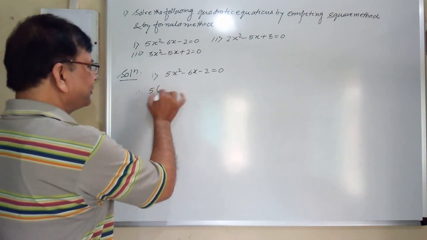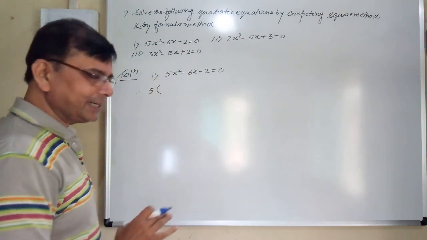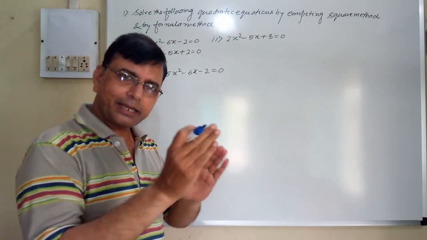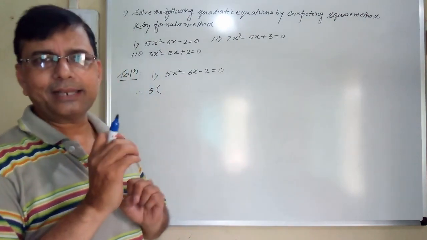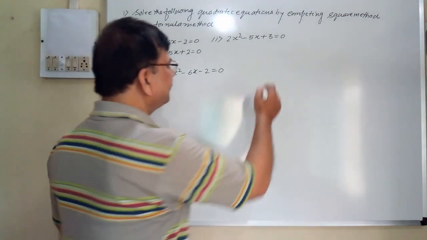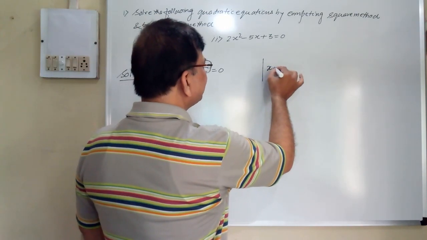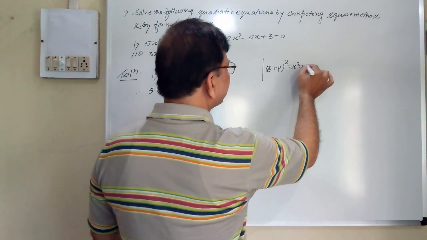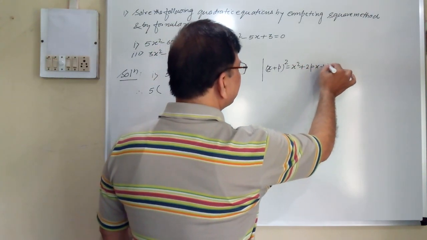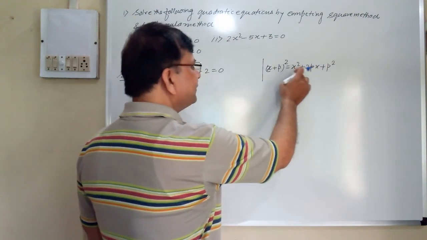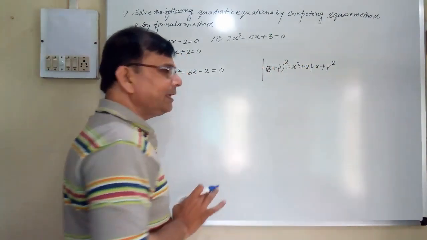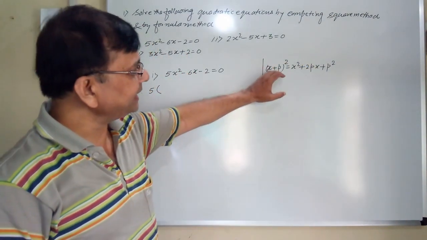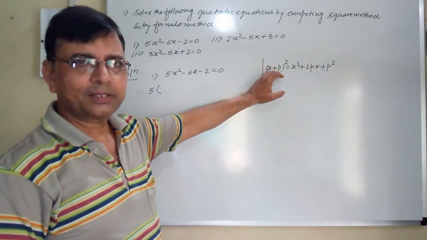I have taken 5 common because the coefficient of x square has to be taken out, because I have to write something in the form of x plus p whole square. In this form you have to write, right? The coefficient of x square should be 1, then only will completing square come in this form.